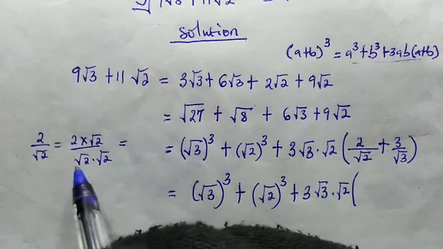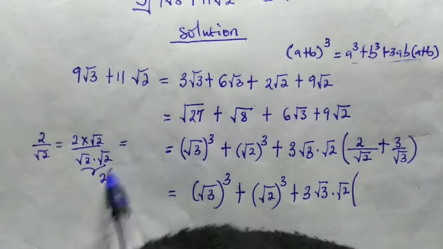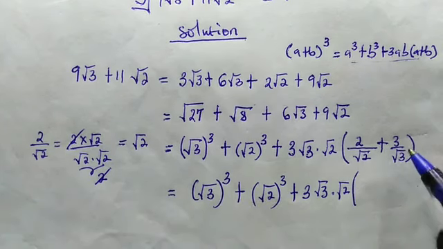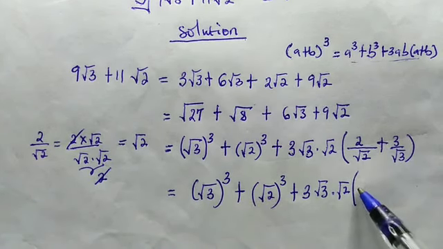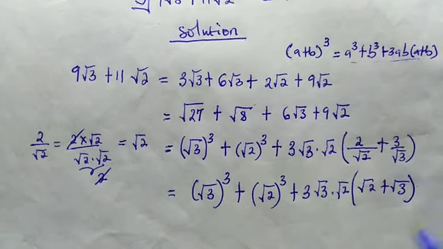So from here we have root 2 times root 2 is 2, and these 2 we cancel, we are left with root 2. The same thing happens here. So we'll be having root 2 plus root 3 from here.